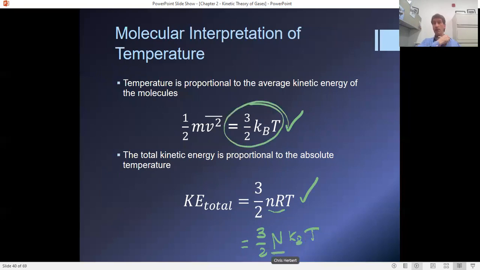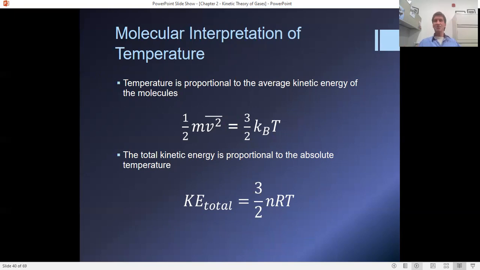If we multiply it by the number of molecules, we get back the total energy. This is really remarkable. The ideal gas law, we can get by doing enough experiments at low density and seeing all the relationships between pressure, temperature, and volume. But we can also derive it using simple Newtonian mechanics. I find that remarkable.